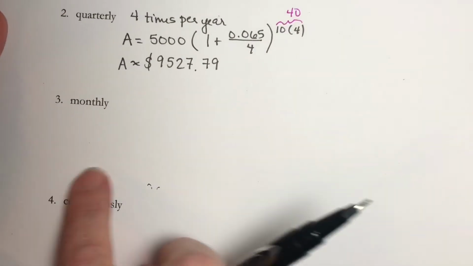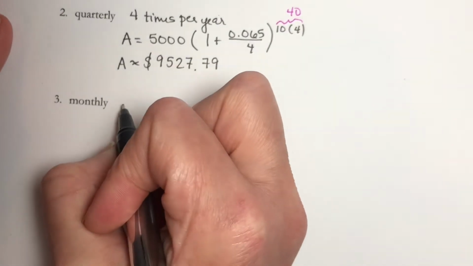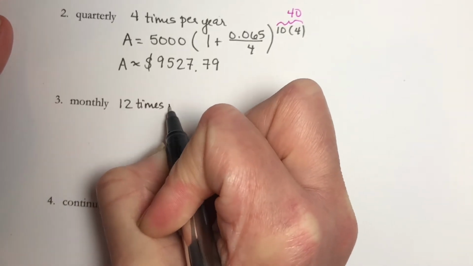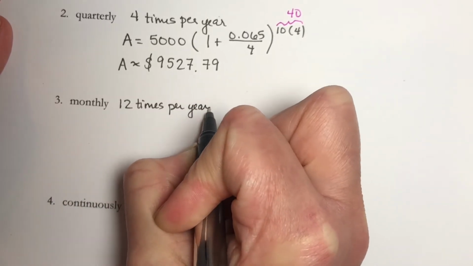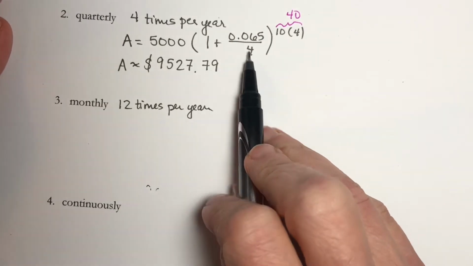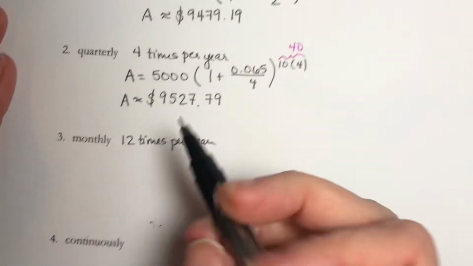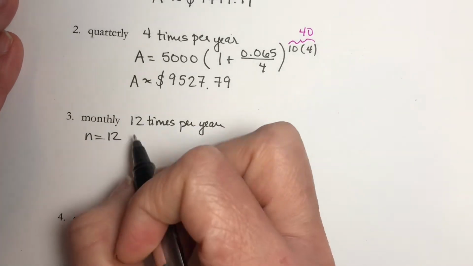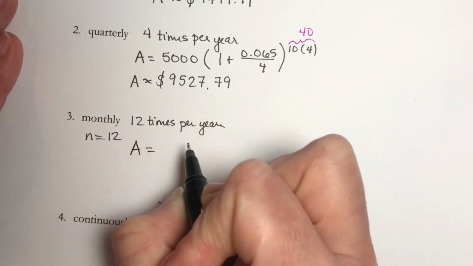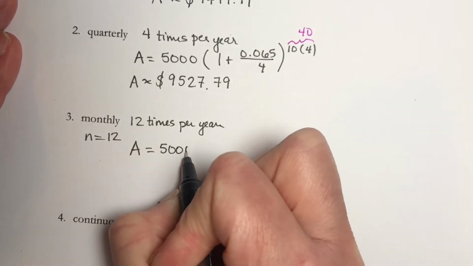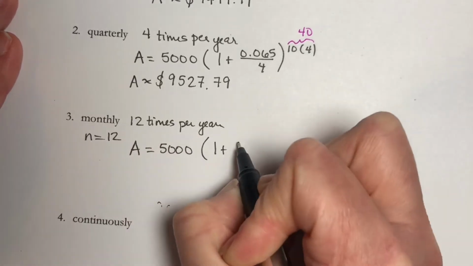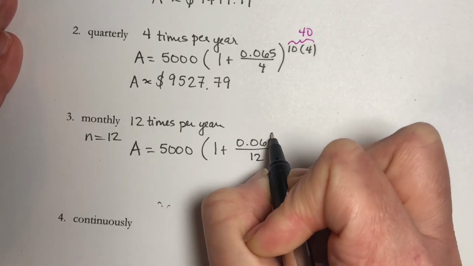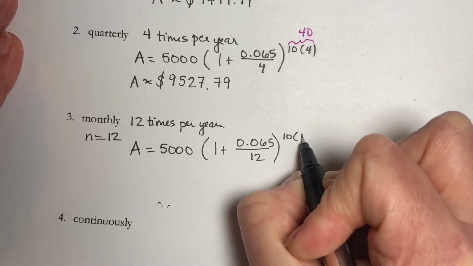All right, so let's do the same thing but monthly. In this case, it's going to be 12 times per year. So that means where this 4 is, where this 2 was, we're now going to plug in n equal to 12. So this is 5,000 times 1 plus 0.065 over 12 to the 10 times 12.